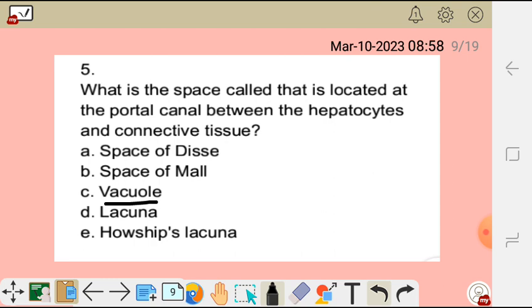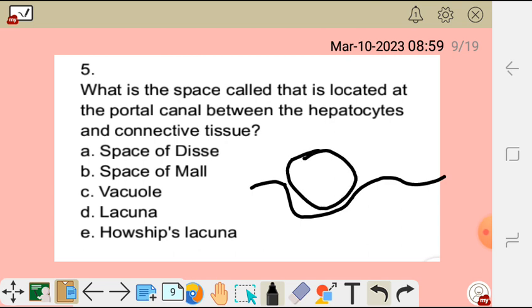The vacuole is simply a small clear space in the cells of an animal cell, or even in the plant cell. And a lacuna is simply a depression-like structure where chondrocytes are found, mostly in cartilages.